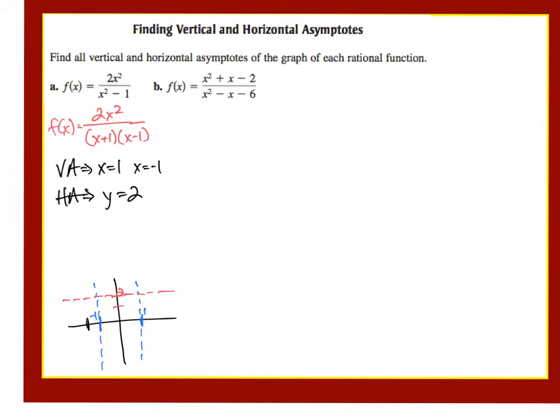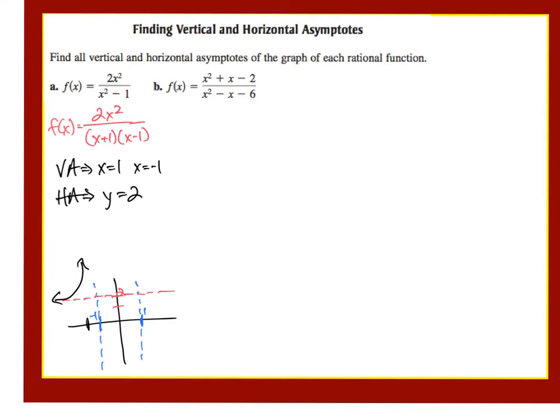So if I substitute in negative 2 here, what do I get up top? I get 8. What do I get on the bottom? I get 3. So I get 8/3 when I substitute in negative 2. Agreed? Is 8/3 above or below 2? It's above. So that's why this will hug above.